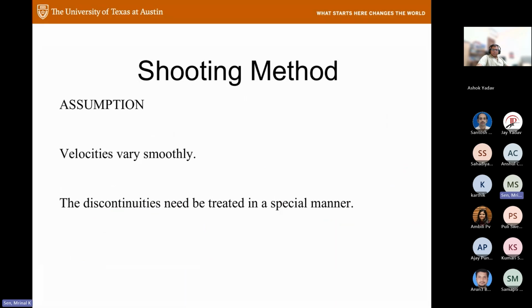So again, the assumption is that the velocities vary smoothly in this particular method, and the discontinuities you have to treat especially by putting an if statement and deciding if the velocity perturbation is very high, then you use local Snell's law.